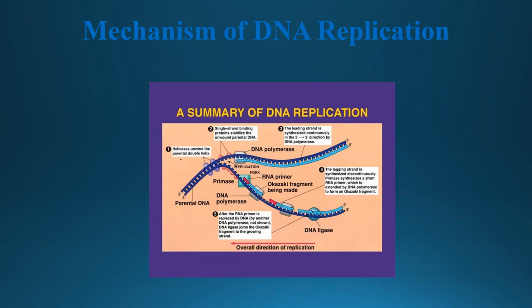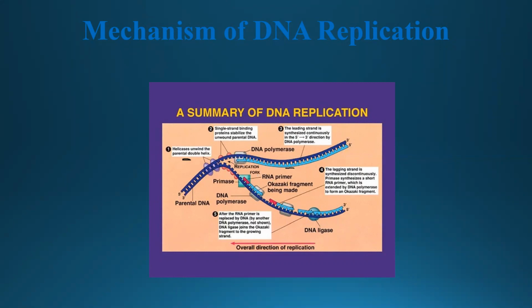Initially, the first step is that you'll have helicase, which will help in the unwinding of this parental double helix. Once it is unwound, the tension created here will be controlled by certain proteins called single-stranded binding proteins, which will stabilize the unwound parental DNA. This whole thing is called the replication fork.